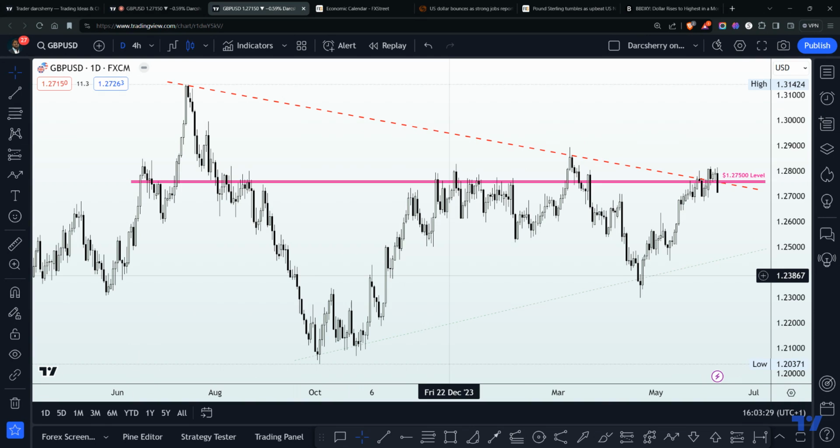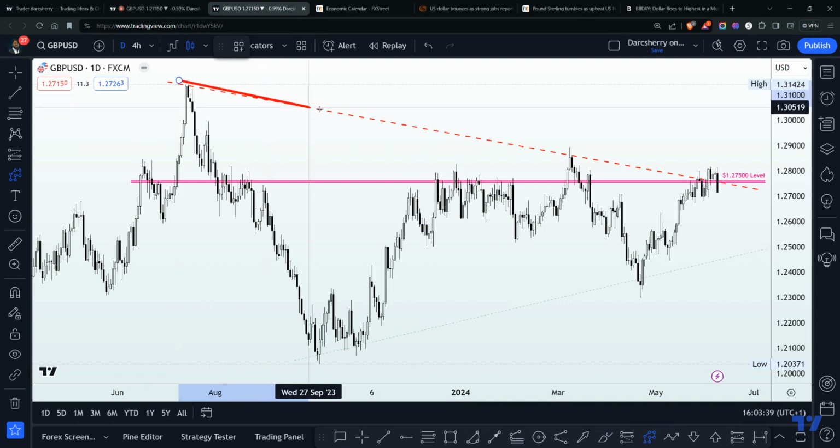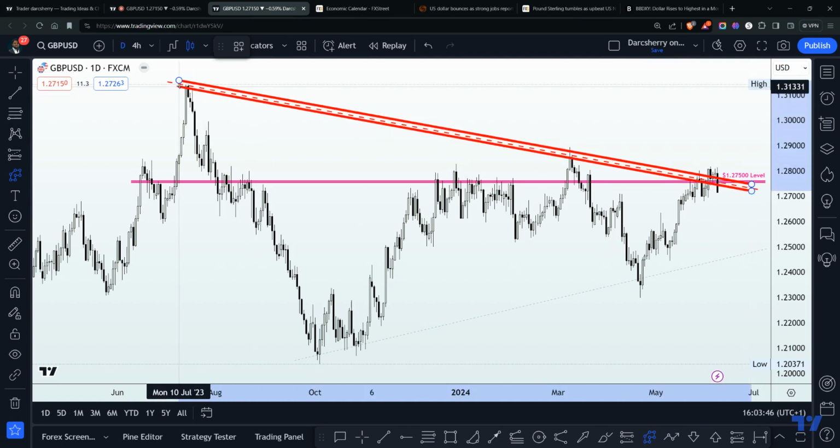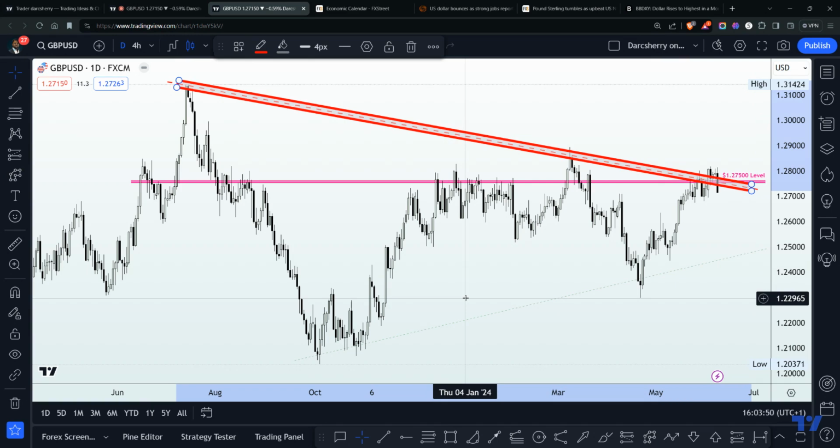And one of the main things we observed on the daily time frame is the fact that since July of last year, price action has shown signs of selling pressure, as buyers have been finding it difficult to find new highs. And as a result of the series of lower highs, we have this beautiful descending trend line to work with.